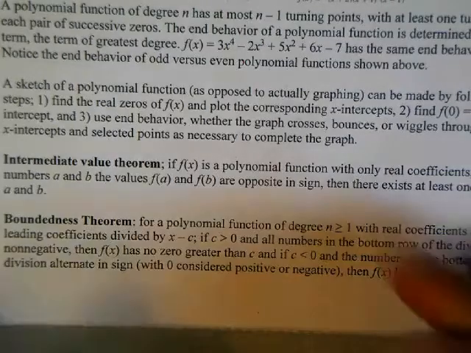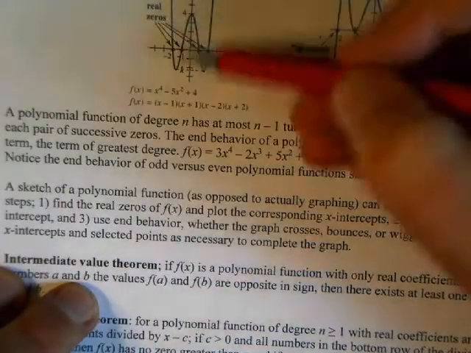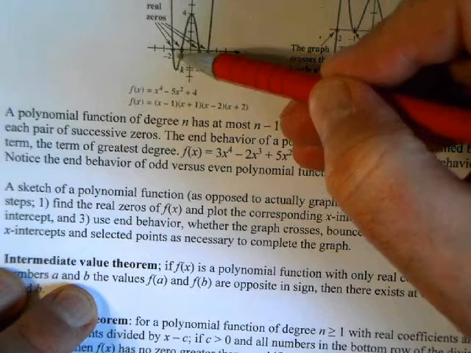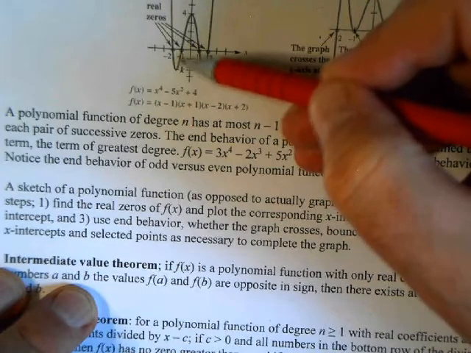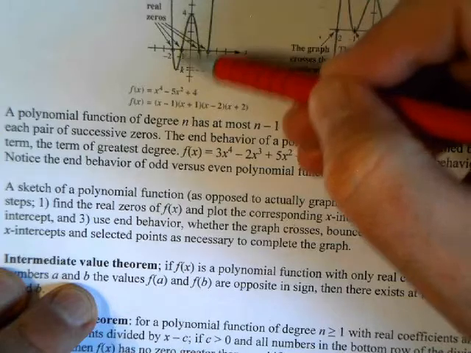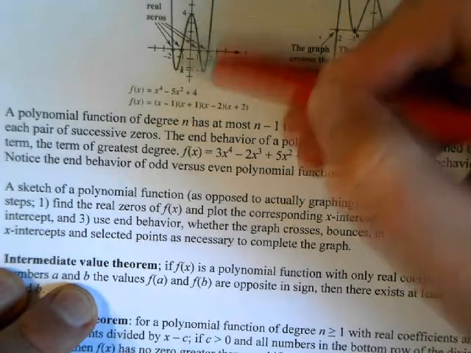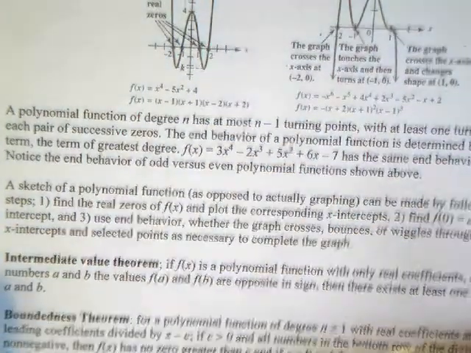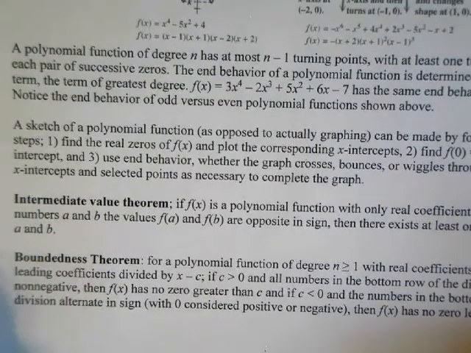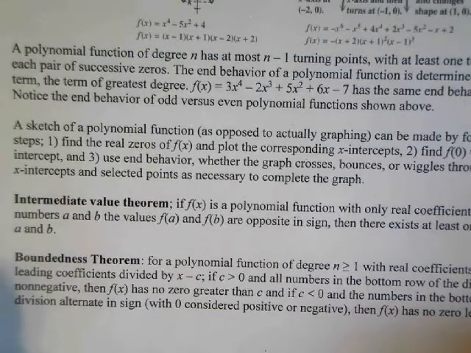It's kind of like saying, if at this point f of x is some negative value, and over here it's some positive value, then it has to cross the x-axis somewhere in between them. It does not necessarily tell me where that happens, just that there has to exist at least one real zero between a and b.